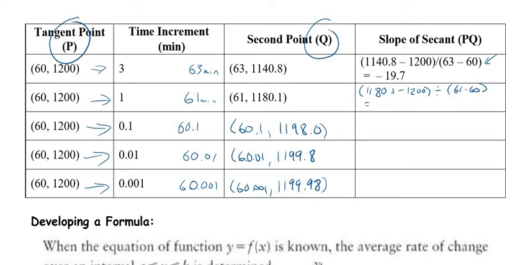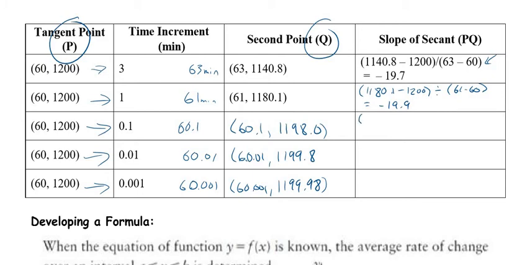And when you do that, you get negative 19.9. So we're not far off from the first one. We had negative 19.7 and negative 19.9. So that means over the first 3 minutes, we were losing an average of negative 19.7 liters per minute. If we just look over 1 minute, we're losing negative 19.9 liters in that minute.